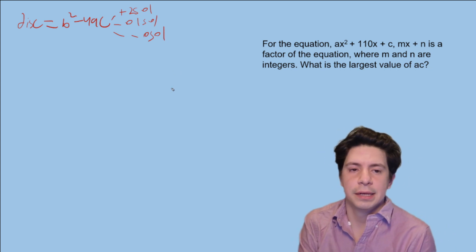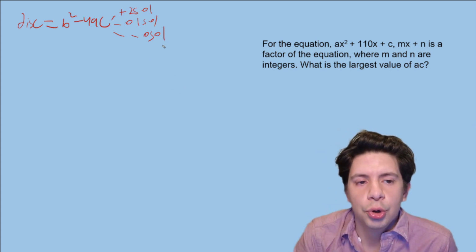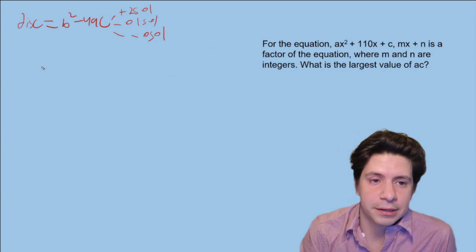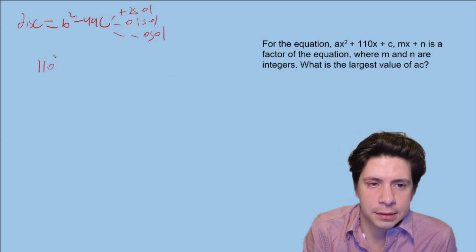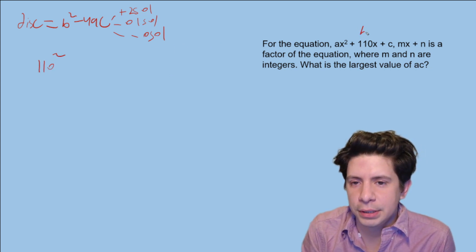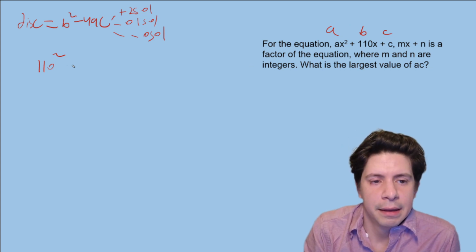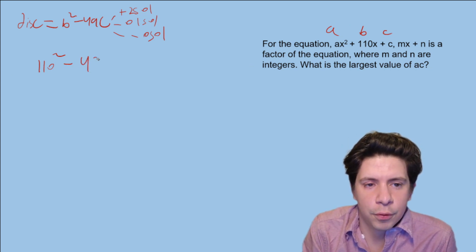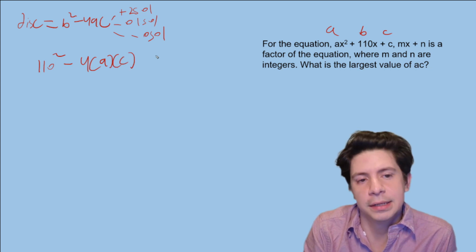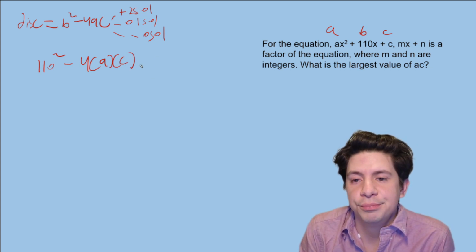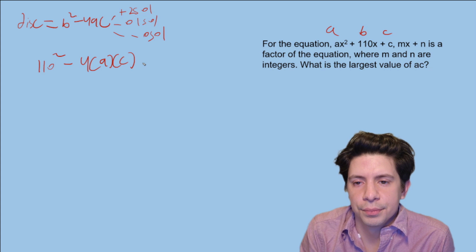Okay, so then we are going to do b squared here. So it's going to be 110 squared, right? This is b squared minus 4ac. It's nice that they had it right with c in it, has to be something, right?